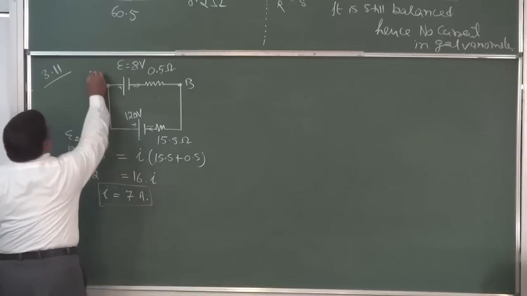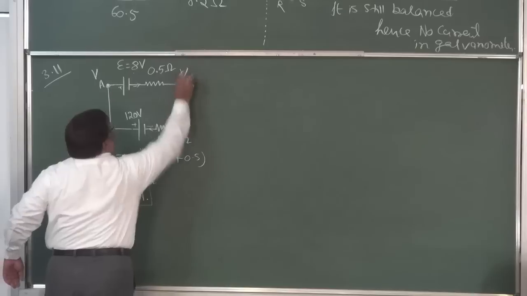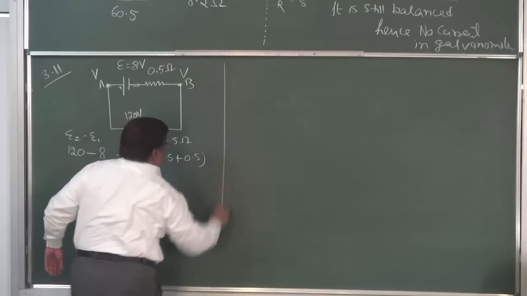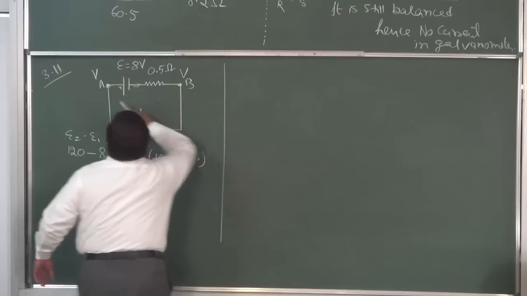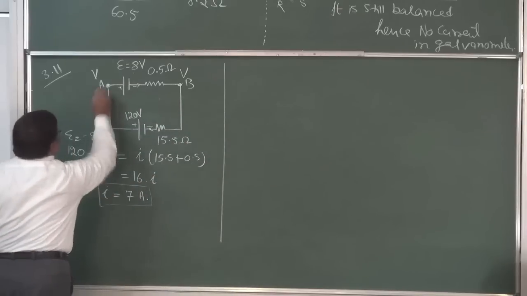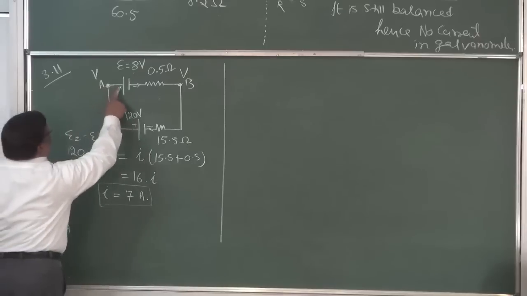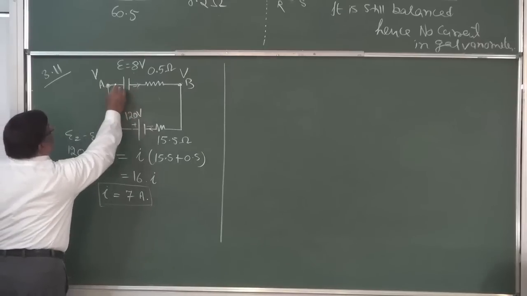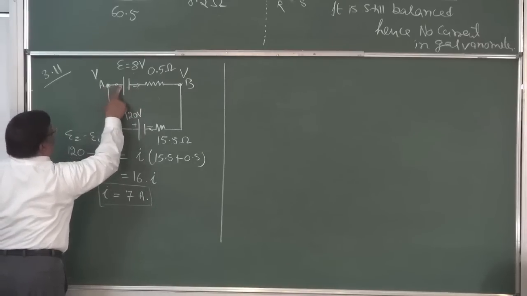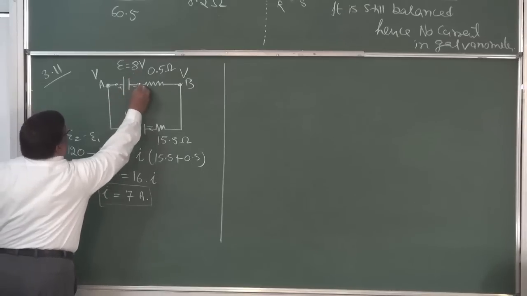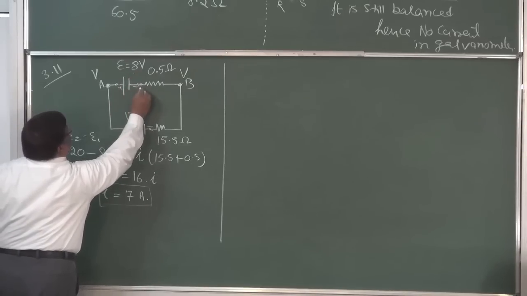We have to find out VA minus VB. So we go for the same technique. If this voltage is VA and this plate is 8 volt down, so what is the voltage here? VA minus 8.